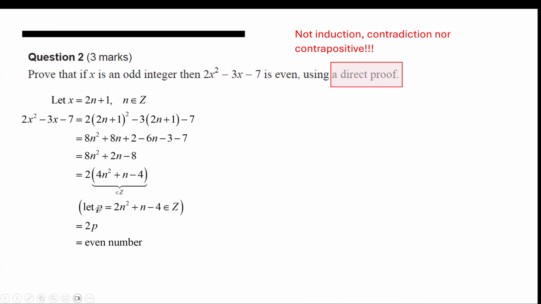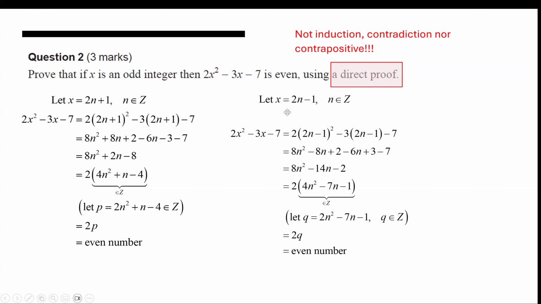And if you want to introduce a new variable or new parameter, make sure you claim it clearly. Let's say let p equals 4n squared plus n minus 4. By the way, this should be a 4 here. I'll fix that later. p belongs to Z. And therefore, it's 2 times some whole number. Therefore, the whole expression is an even number, okay?